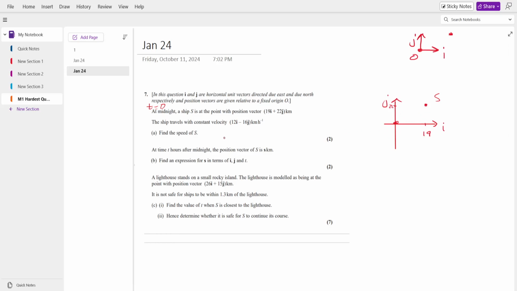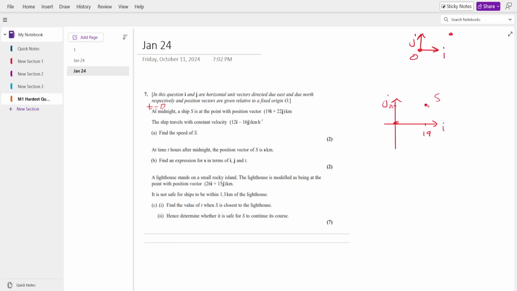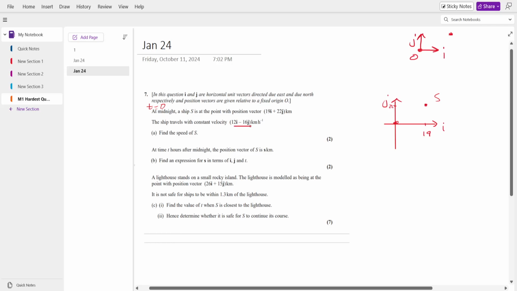Okay, so it says that the ship travels with a constant velocity of 12i minus 16j. What does this mean? It means that the position of the ship at t equals 0 is here. And it's not still, it's moving. How is it moving? It's moving at a velocity with this vector, 12i and minus 16j.